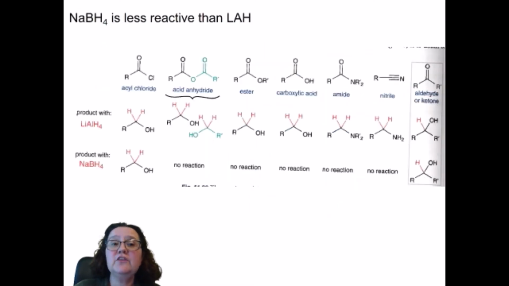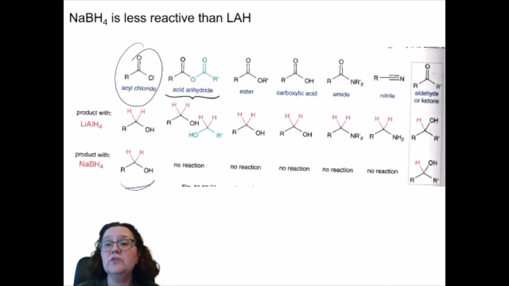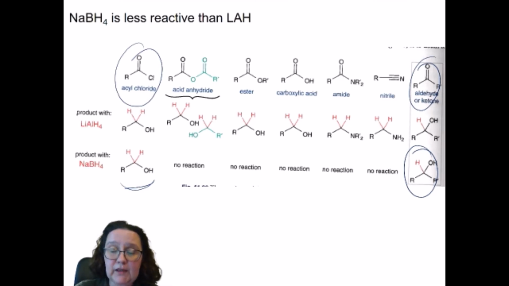Sodium borohydride is less reactive than lithium aluminium hydride, and it will only react with acid chlorides to form alcohols and with aldehydes and ketones, again, to form alcohols. And that's not necessarily a bad thing, because it means that it can be more selective. It means that if you have an organic structure with several functional groups containing carbonyls, if you use sodium borohydride, you will be able to selectively reduce either acid chlorides or any aldehydes or ketones in your structure.